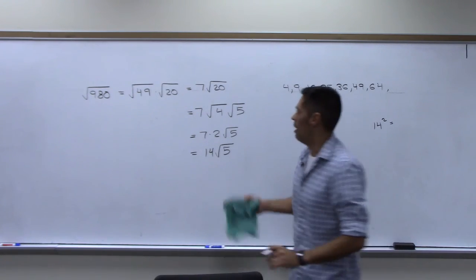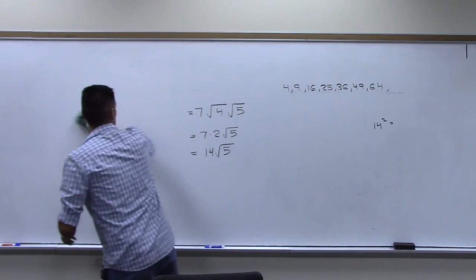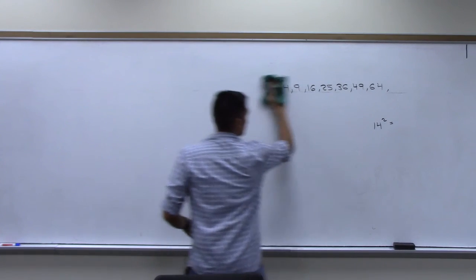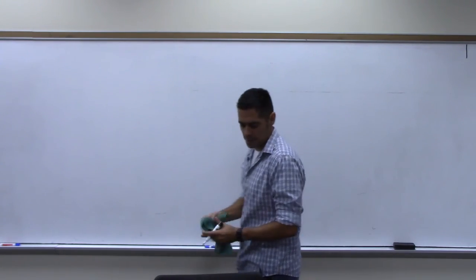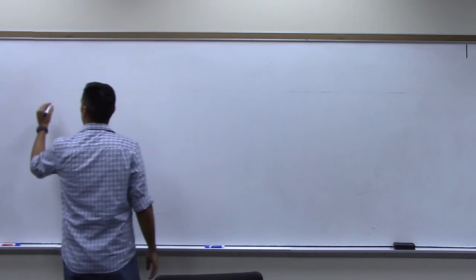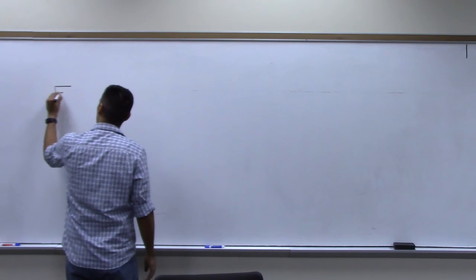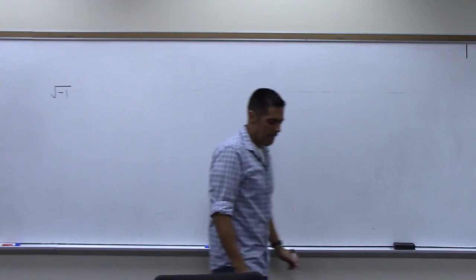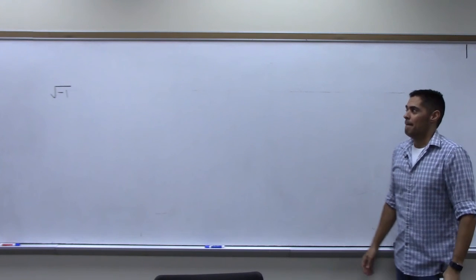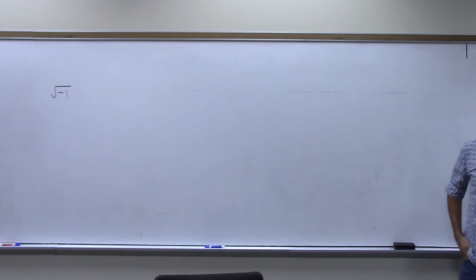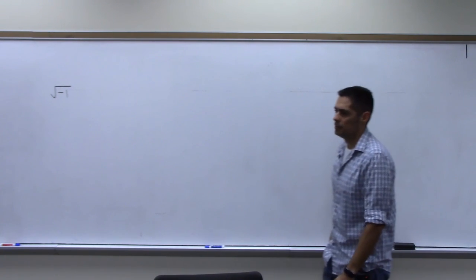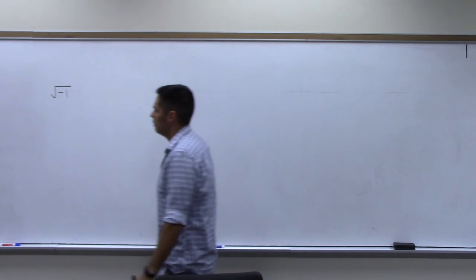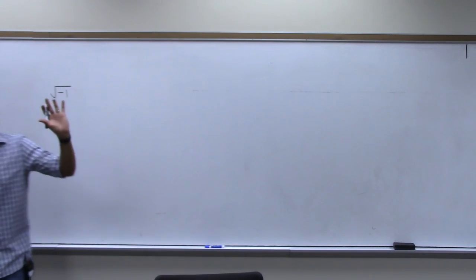All right, now we need to talk about one more thing with square roots before we continue, and that is, what is the square root of -1? How many of you have seen this before?